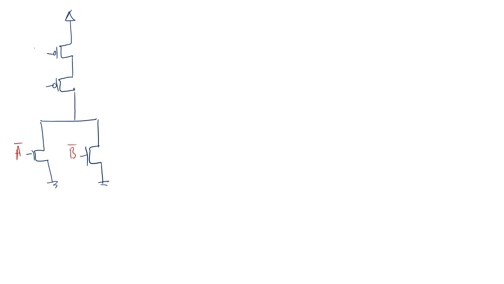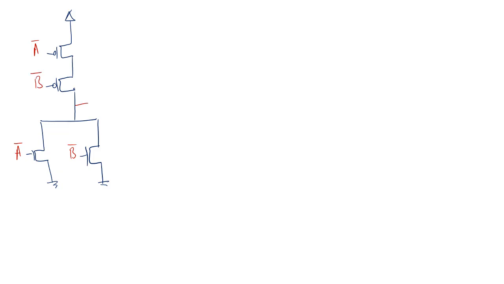Okay, let's talk about the next example. This time, we still have a 4 transistor circuit: 2 PMOSes in series and 2 NMOSes in parallel. But this time, instead of A and B, I'm going to be connecting A bar and B bar as the inputs.